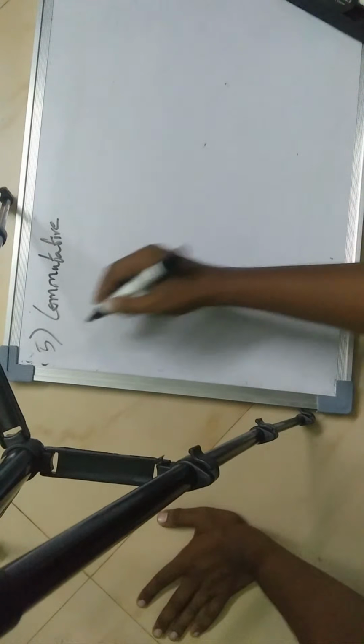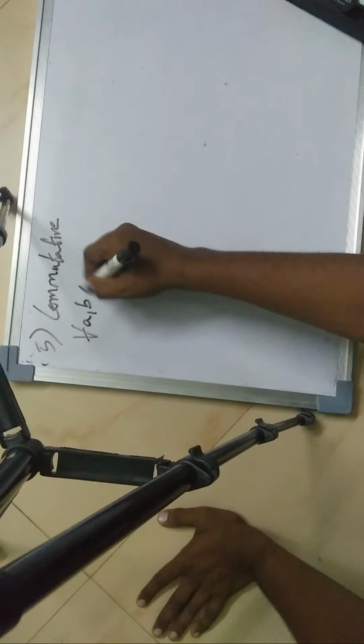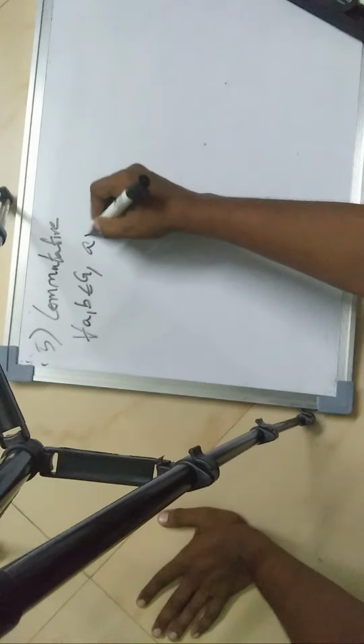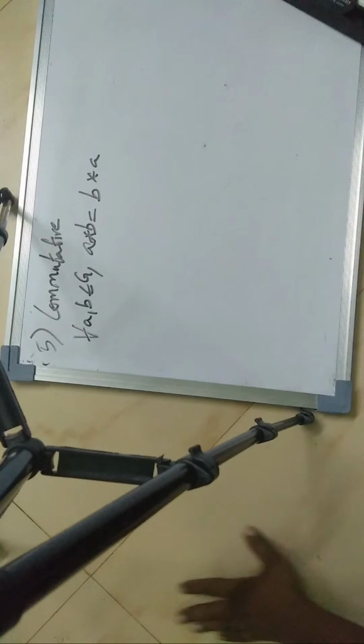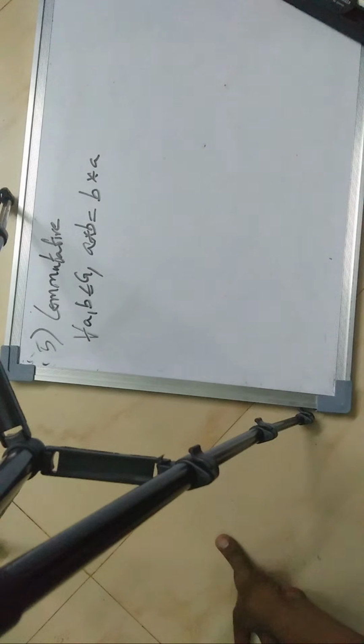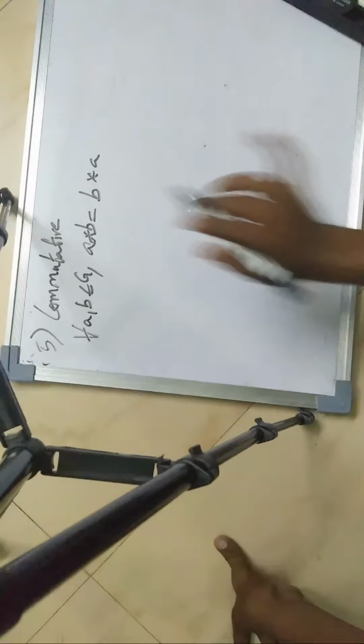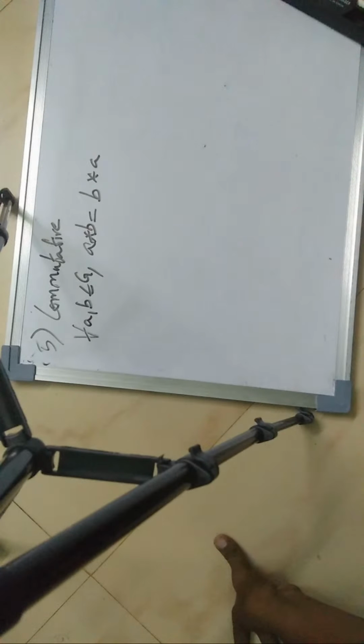That is, given any A, B in G, A star B and B star A are equal. Given any two elements, it doesn't matter in which way you operate. That is what this refers to.